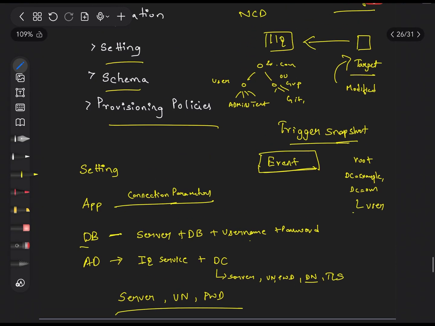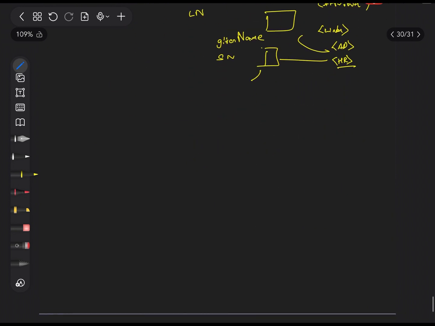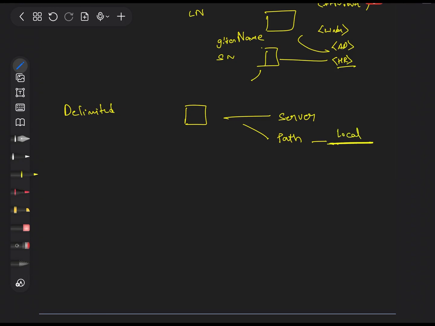And for a delimited file, let's say you need to place a file, right? You need to place the file in some server or some path, and if you want to access that path, you need the path details, like maybe it's in the local system or some secure FTP.